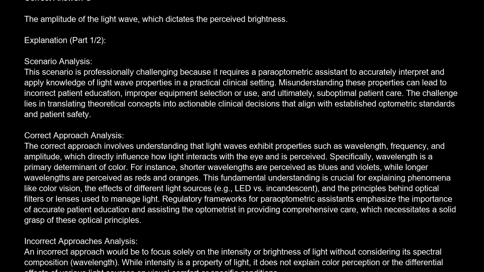This fundamental understanding is crucial for explaining phenomena like color vision, the effects of different light sources, e.g., LED vs. incandescent, and the principles behind optical filters or lenses used to manage light. Regulatory frameworks for paraoptometric assistants emphasize the importance of accurate patient education and assisting the optometrist in providing comprehensive care, which necessitates a solid grasp of these optical principles.